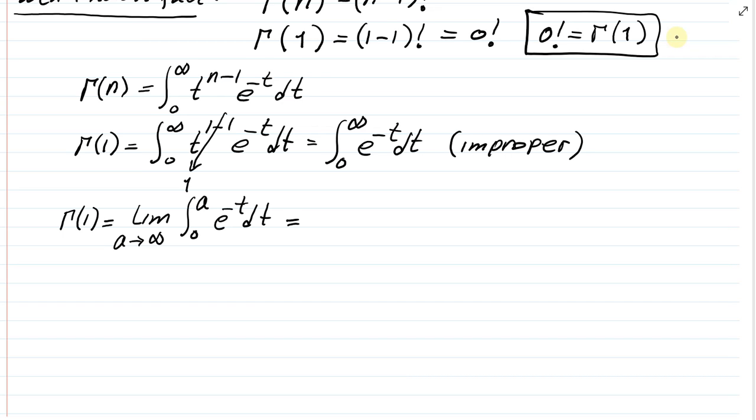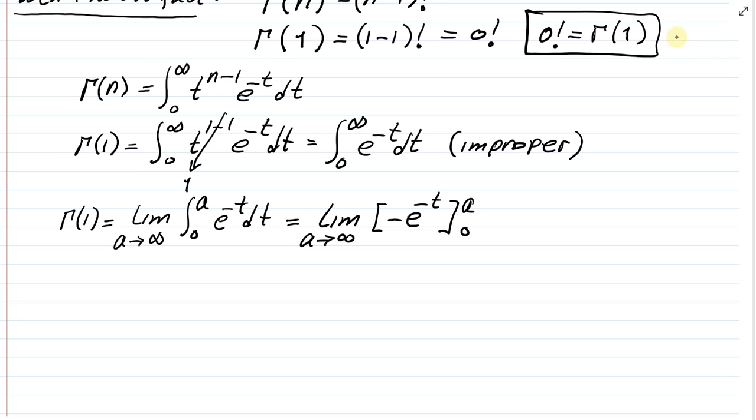Now, at this point, we're just going to write this as the limit as a goes to infinity of, now, we can evaluate the integral of e to the negative t. I'm sure everybody knows how to do this one: it's negative e to the negative t, evaluated from 0 to a.